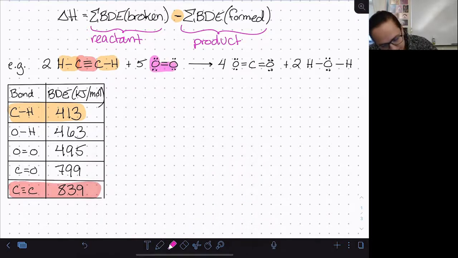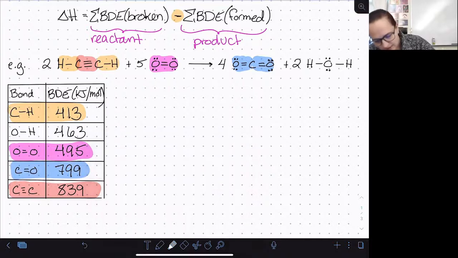We've got an oxygen-oxygen double bond in O2. We have carbon-oxygen double bonds in carbon dioxide, and we have oxygen-hydrogen single bonds in water.